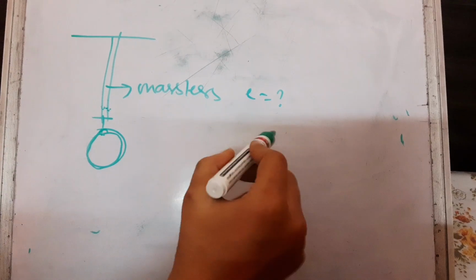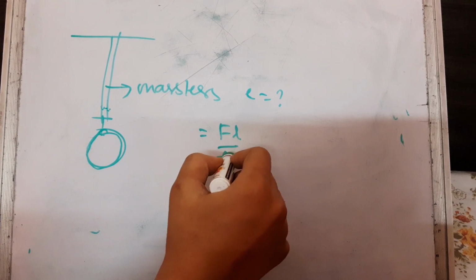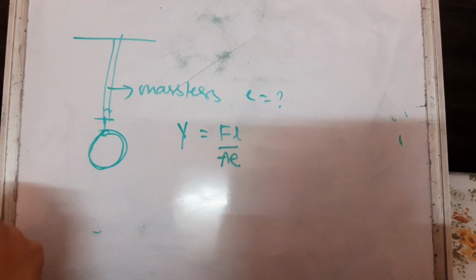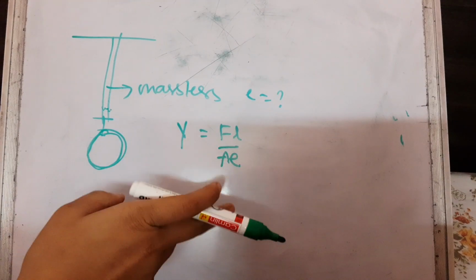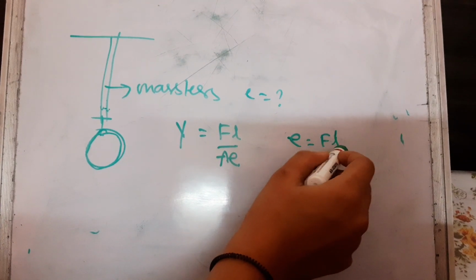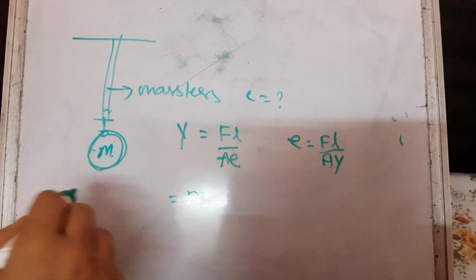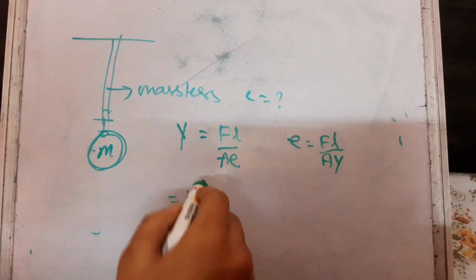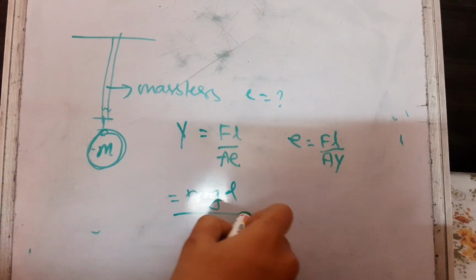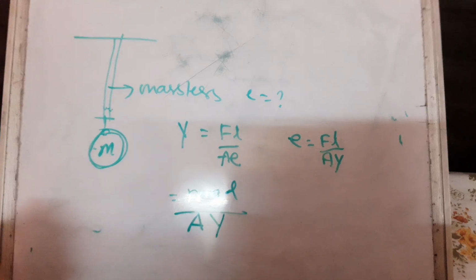So that will be equal to FL upon A E. FL upon AE is your Y. So elongation is equal to FL upon AY. F is nothing but this; let us consider this bob is of mass M. So force is mg into length of the wire L upon area A and Young's modulus Y.